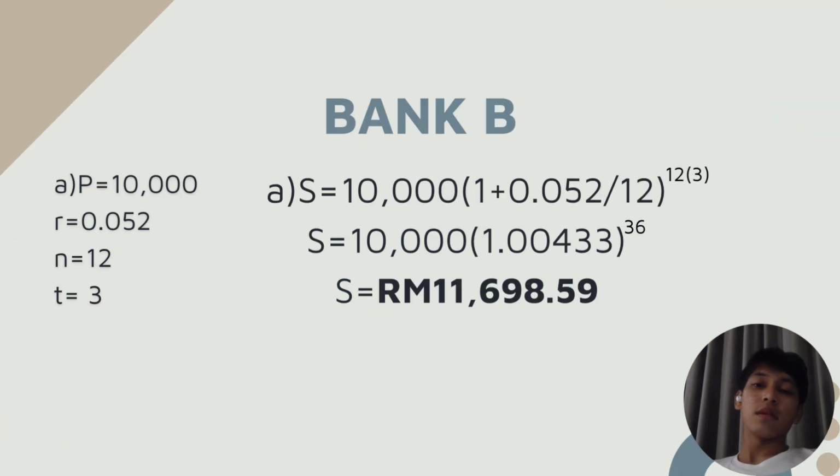For Bank B, we have P which is 10,000, R is 0.052, N equals 12, which is compounded monthly, and T equals 3, which is 3 years.